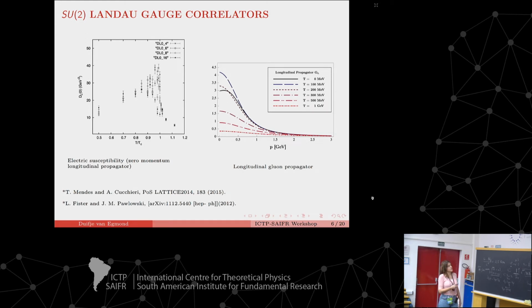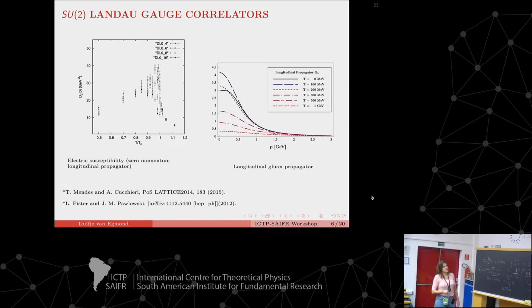Here we see a result from the lattice of the electric susceptibility. So this is the gluon propagator at 0 momentum, looking at the longitudinal part. And what you see is that around TC there is a small enhancement of the electric susceptibility, but not the divergence that we would expect.